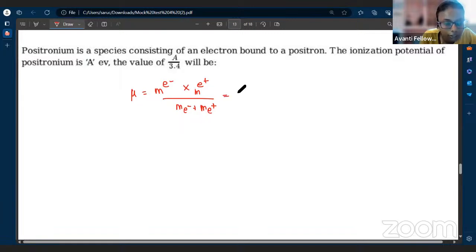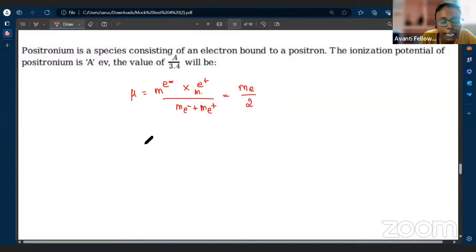So when you do this, the whole thing comes to Me by 2, because you have mass of electron into mass of positron by mass of electron plus mass of positron.